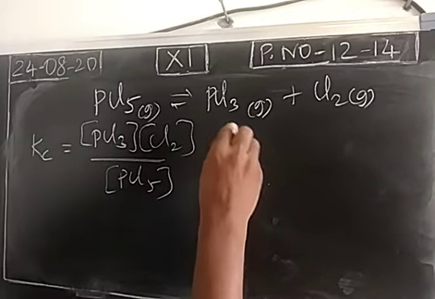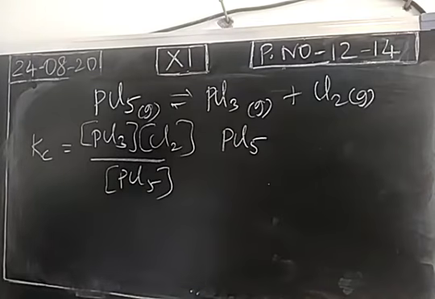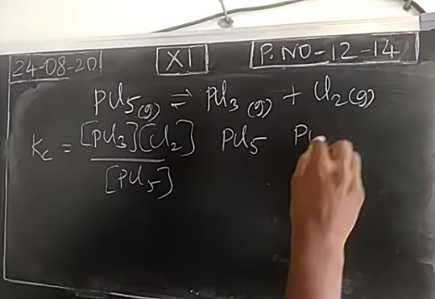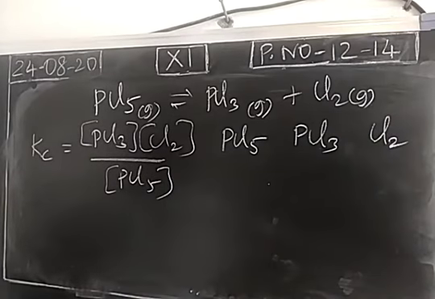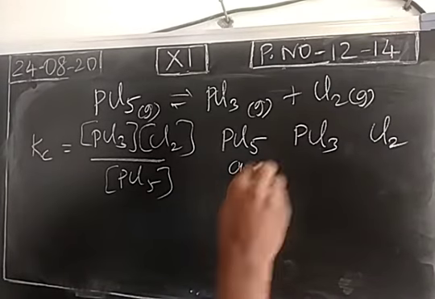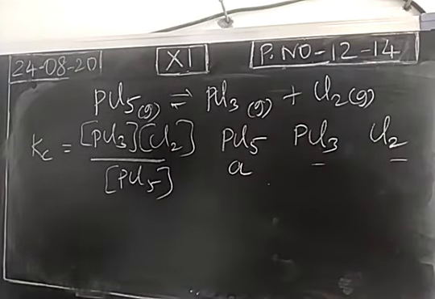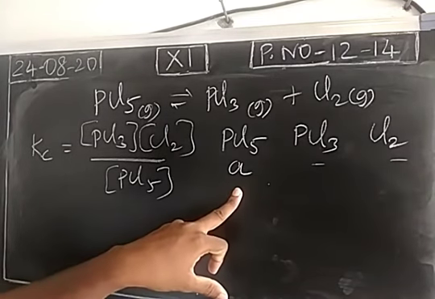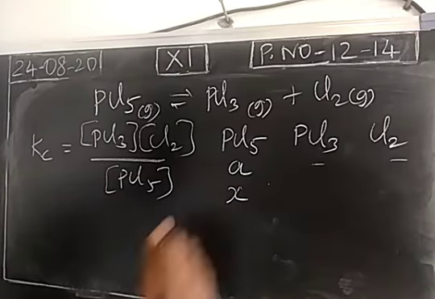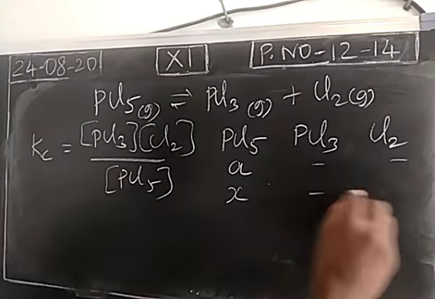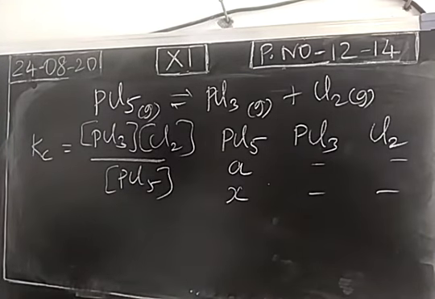So as usual, we have reactant phosphorus pentachloride, products phosphorus trichloride and chlorine. Initial number of moles: A. Before the reaction starts, we take A moles of phosphorus pentachloride. Now X mole of phosphorus pentachloride is dissociated to produce phosphorus trichloride and chlorine.